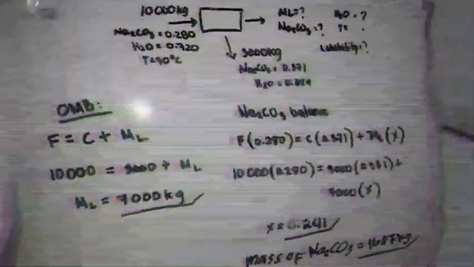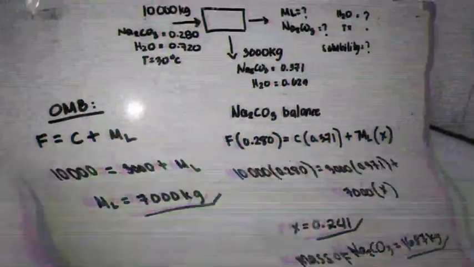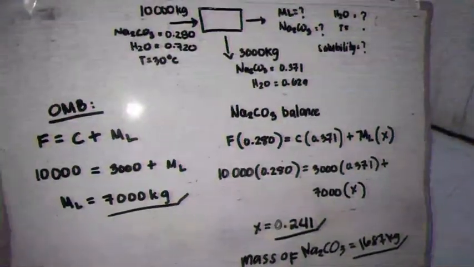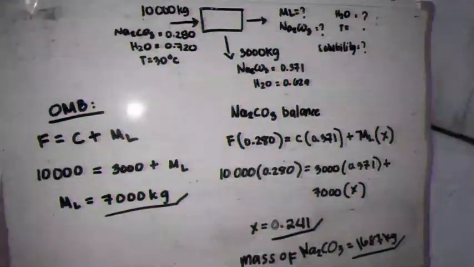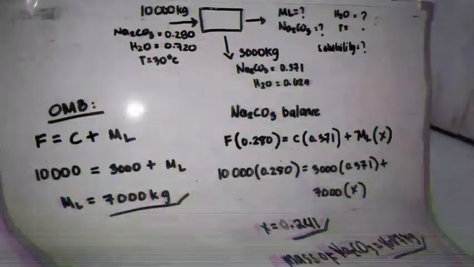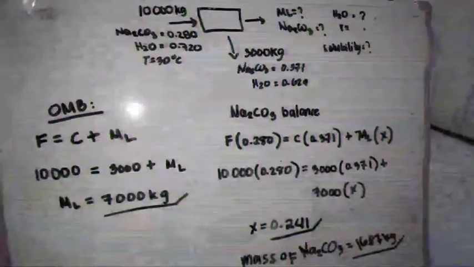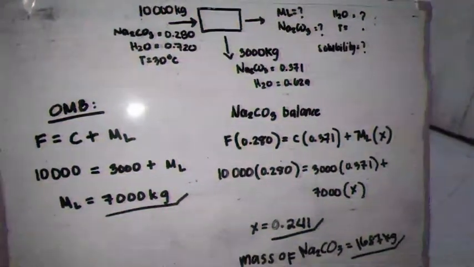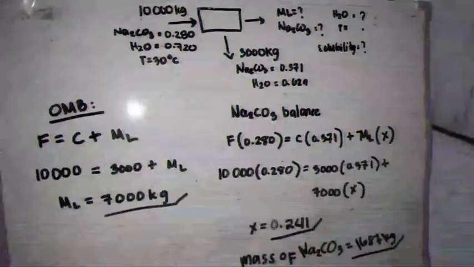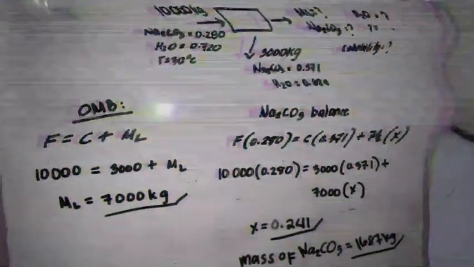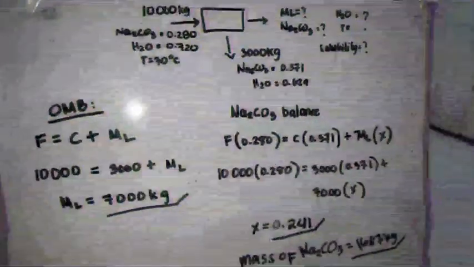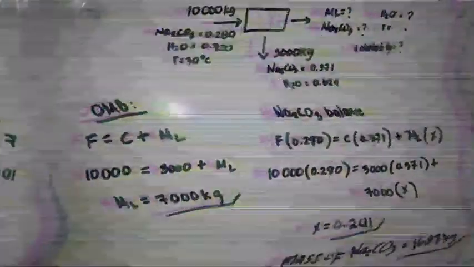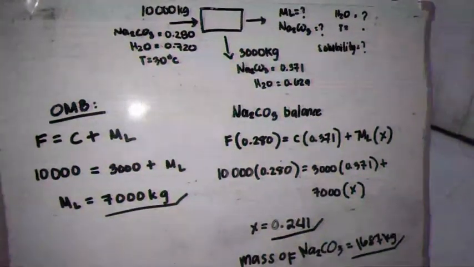In the block diagram, we have seen that the mass that is coming inside the crystallizer is 10,000. So therefore the feed equals 10,000, equals the crystals of 3,000 plus the mother liquor or the product, which is unknown. So solving for the product, we get 7,000 kilograms.